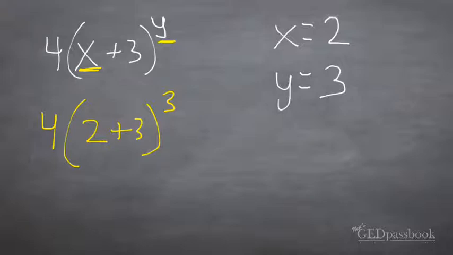The rule here, when it comes down to evaluating expressions, is whenever you substitute a variable with a number, you must first put parentheses around the variable's location.